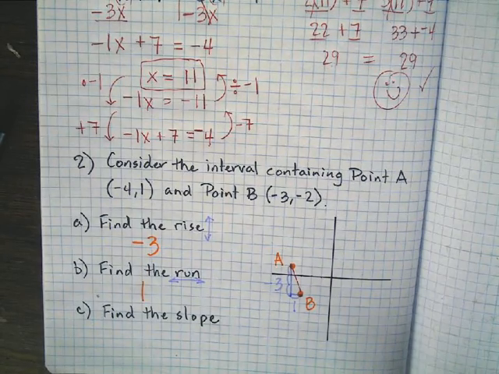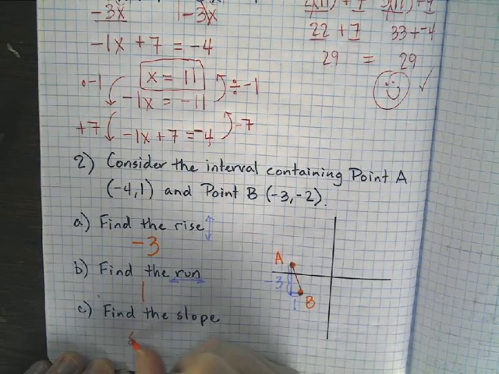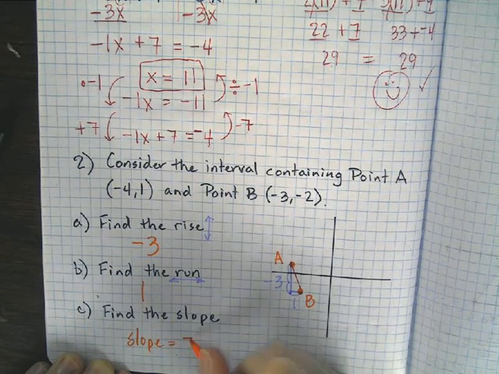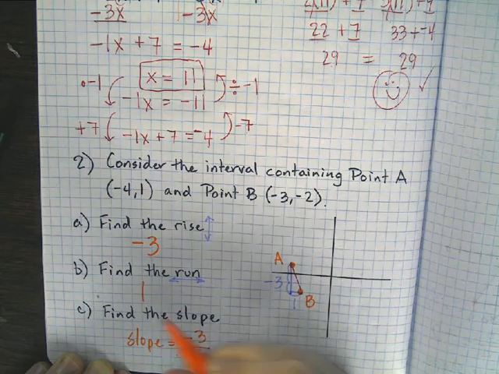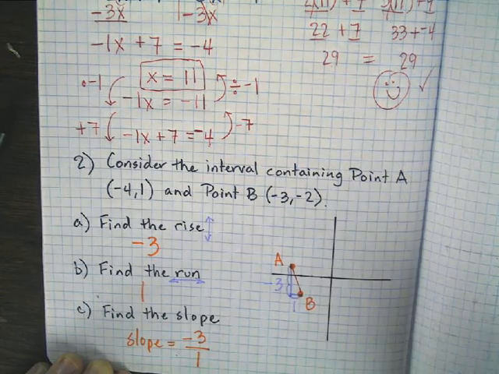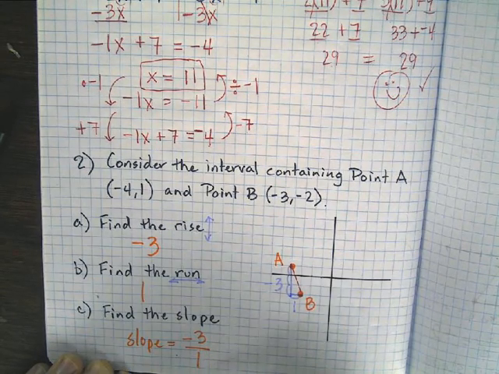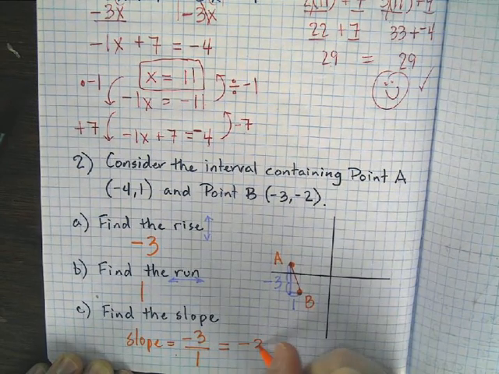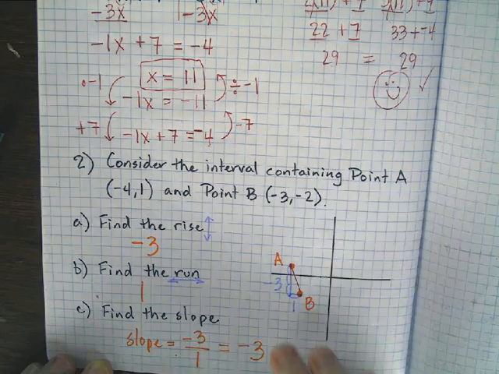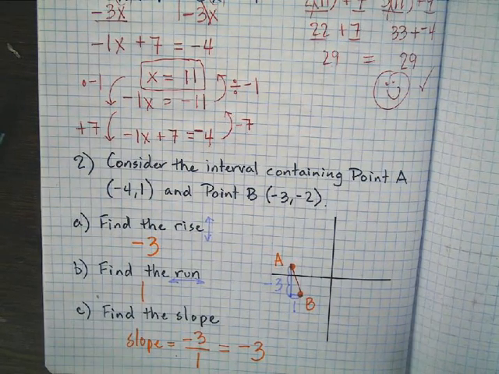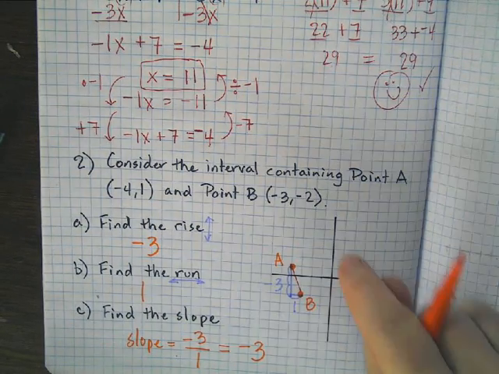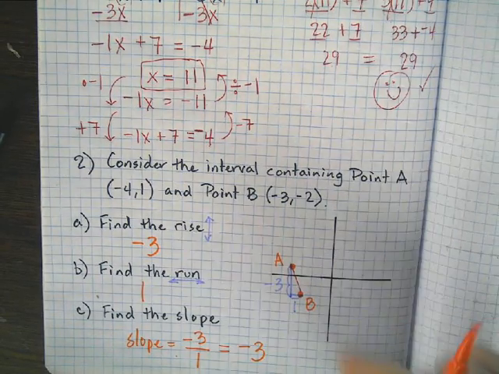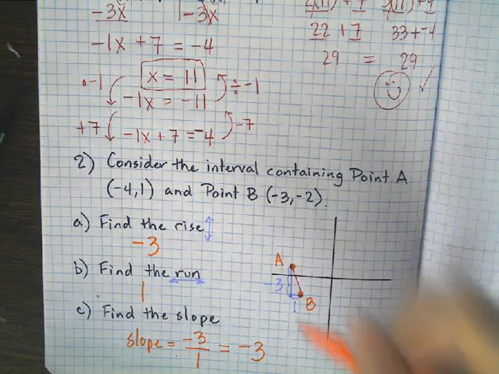So my slope is rise divided by run. And what's -3 divided by 1? I can reduce that. That just equals -3. So that's what you're doing in math space. So it can help if you make your own graph in your notebook to put the points. That way you can count the spaces easier.